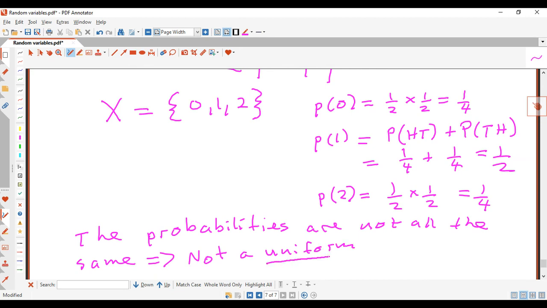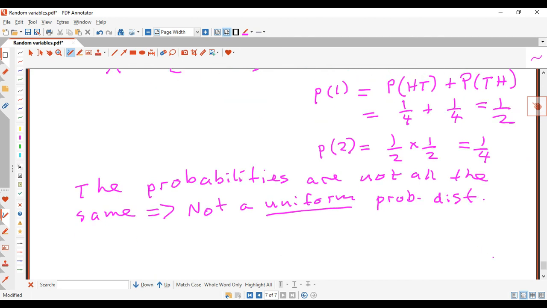That's the key word: uniform means the same, so this is not a uniform probability distribution. Okay, so that's the end of the video.